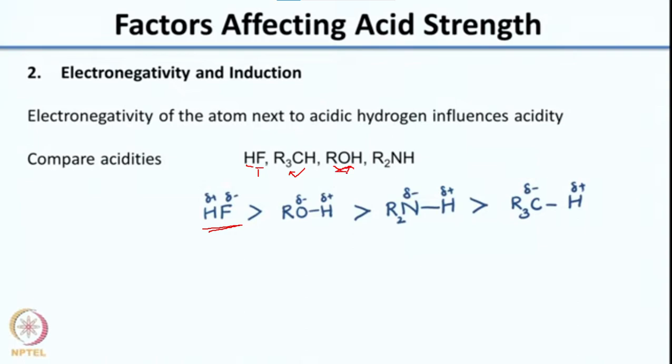Oxygen is more electronegative compared to nitrogen and carbon, so alcohol will be second in terms of acidity. Nitrogen will take the third position because of its higher electronegativity compared to carbon. Because CH3 is an electron releasing group, it gives the lowest acidity to this proton, so this is the least acidic. I hope all of you know this trend.